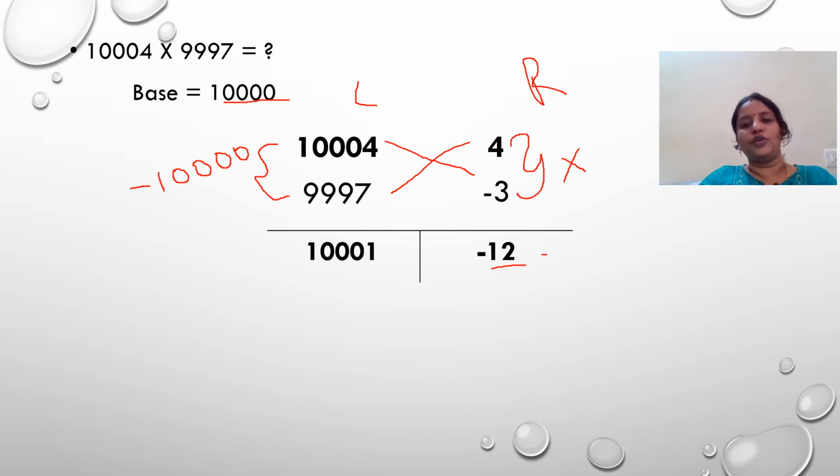So I have to make the number of digits in the RHS 4. So what am I going to do? I am going to add 2 more zeros before the number. The preceding zeros don't change the value of a number, but the succeeding zeros change the value of the number, isn't it? So we can add as many zeros as we need preceding a number. It doesn't change the value.